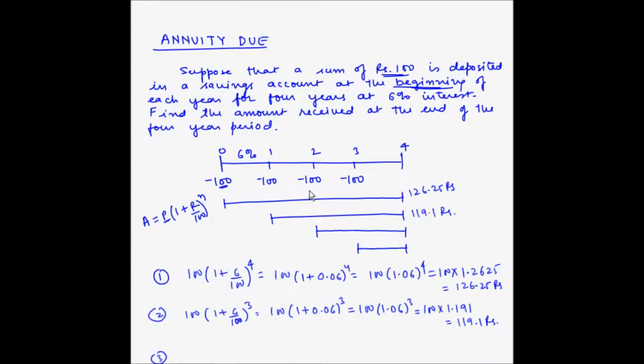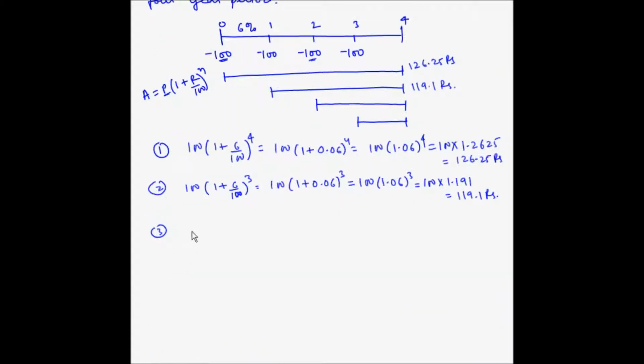Third is this amount of 100 rupees, which is going to grow for the remaining 2 years. So 100 into 1 plus 6 divided by 100 to the power 2, which is 100 into 1 plus 0.06 to the power 2.